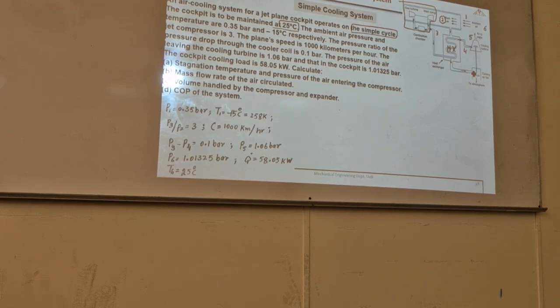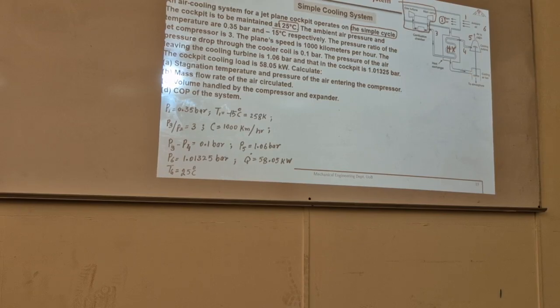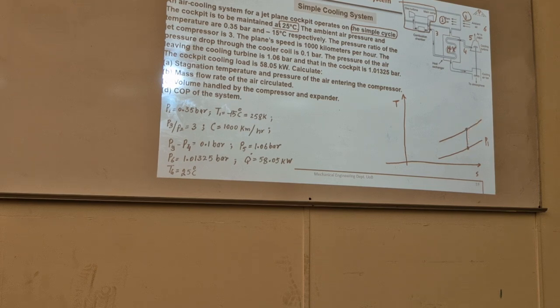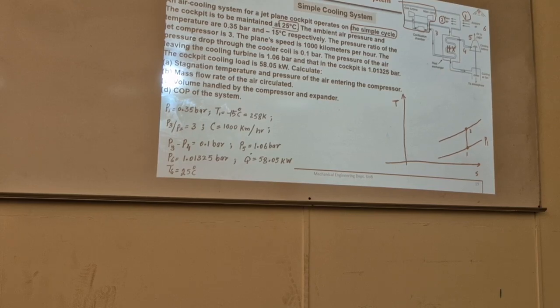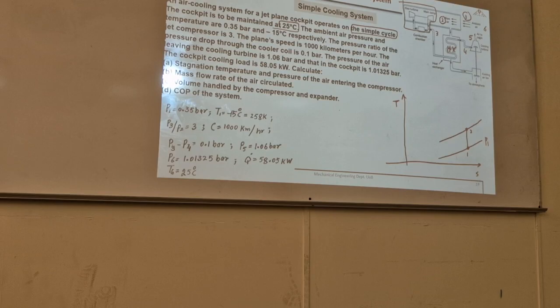Now let's see what is given here. Or maybe we can draw the T-s diagram first. That is the ambient pressure, P1, low pressure. P2 is the pressure increase in the diffuser. 1 to 2 is ideal, isentropic. Then 2 to 3 is another compression, isentropic.